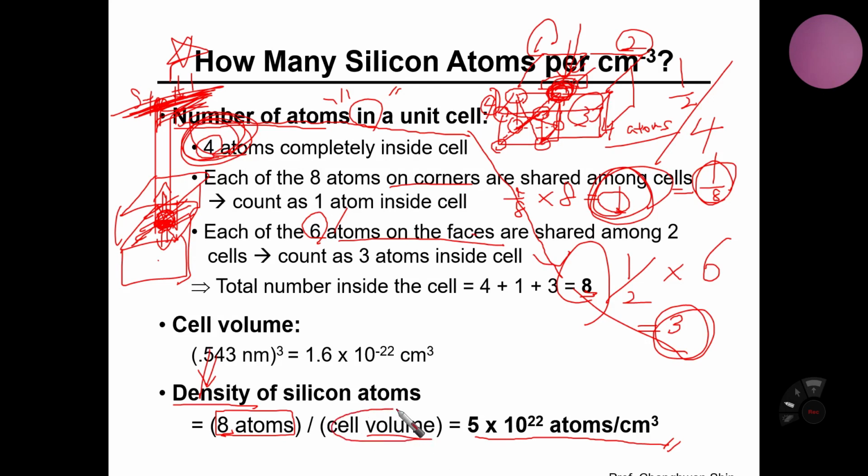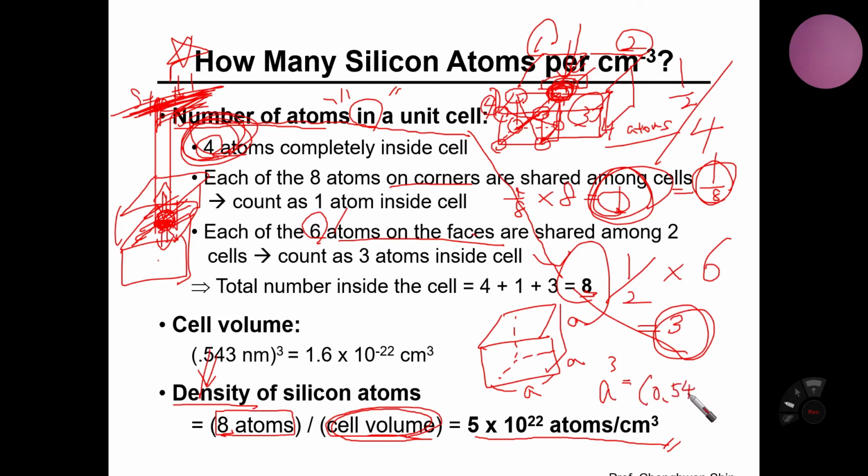The question is, how can we calculate the unit cell volume? That's easy because the unit cell is a cubic structure and we know the side length a. So a cubed. What is a? The number is 0.543 nanometers.